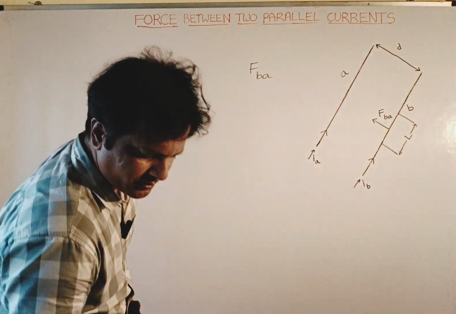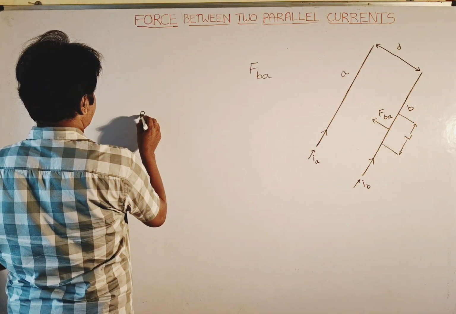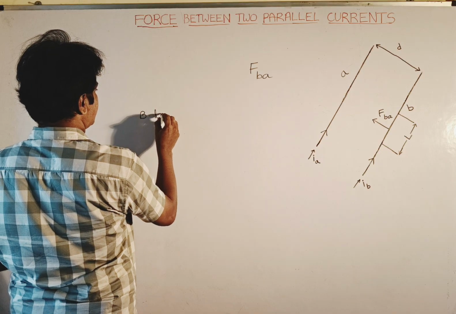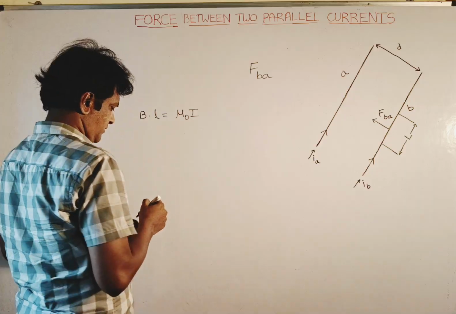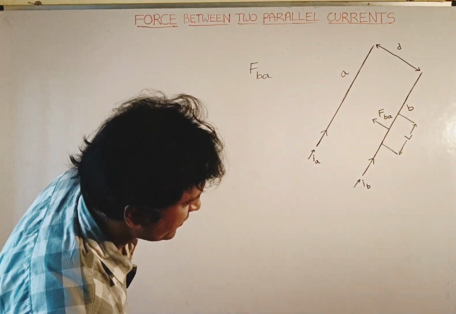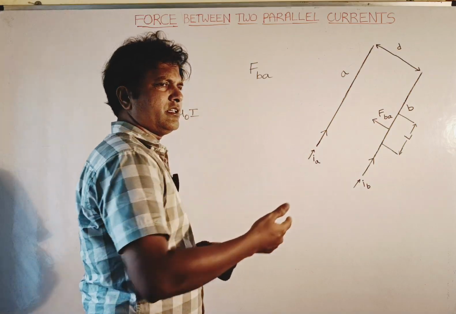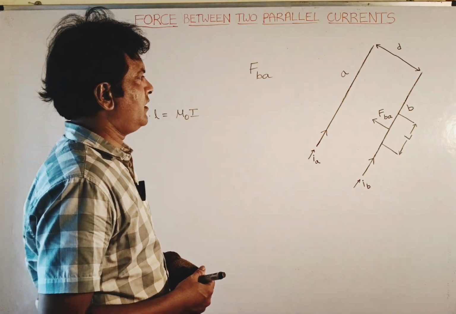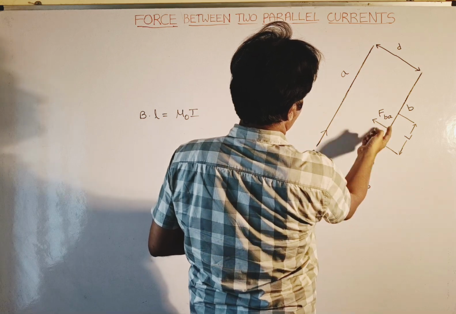So Ampere circuital law, we know that B into length is equal to mu naught I. So L is nothing but the length, the perimeter of the loop actually imagined around this conductor.